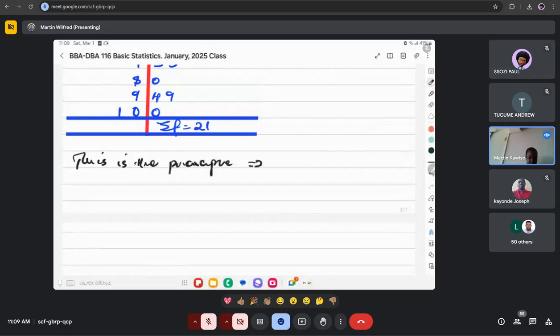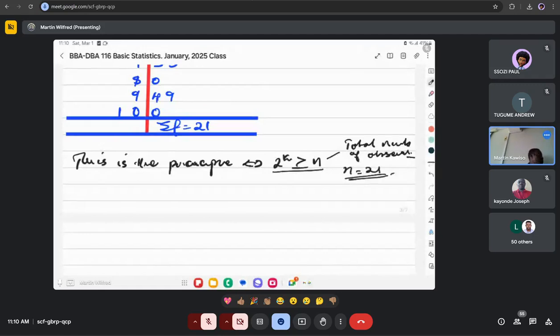We use the principle of 2 to the kth power greater or equal to n, where this k will be a value that satisfies that principle. N is the total number of observations, isn't it? And in this case, our n is 21.